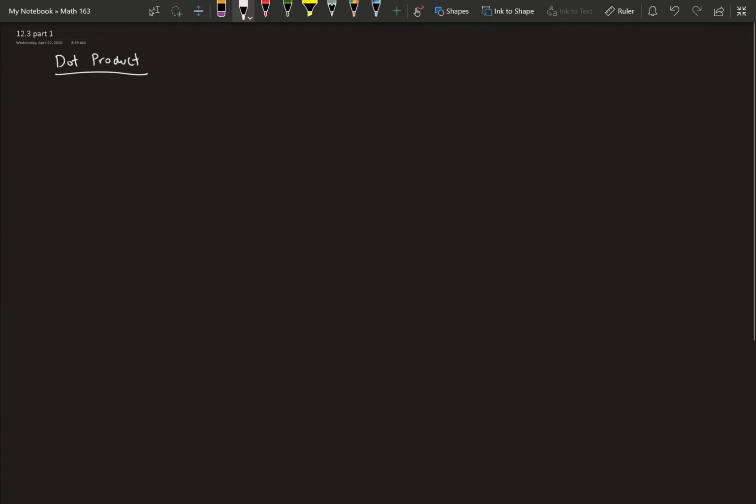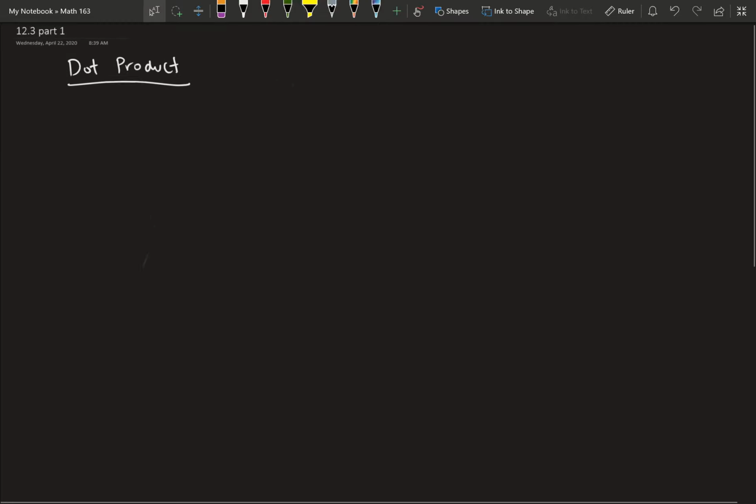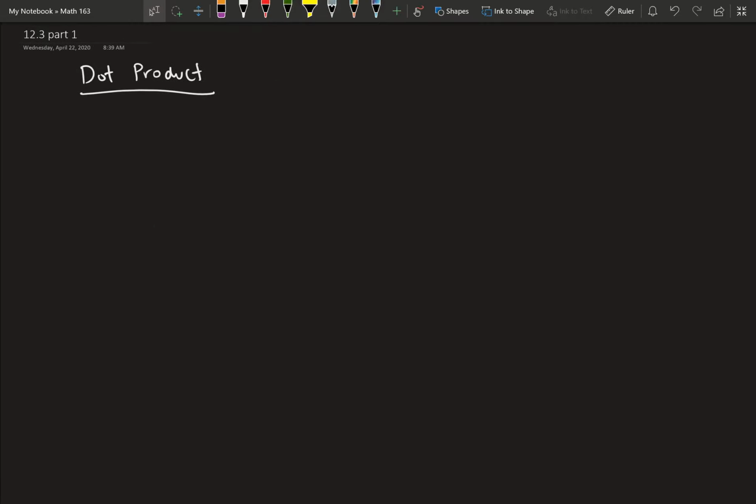Okay, we're going to start on 12.3, which is the so-called dot product. So this is going to be a way to get a scalar quantity from two vectors.